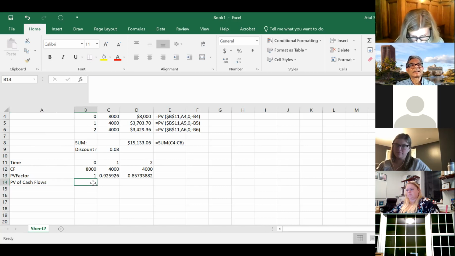It is the product of today's factor times the cash flow. The present value factors times the cash flow equals this cash flow times the present value factor, which is here. So I multiply it and I get the present value of cash flows like this.